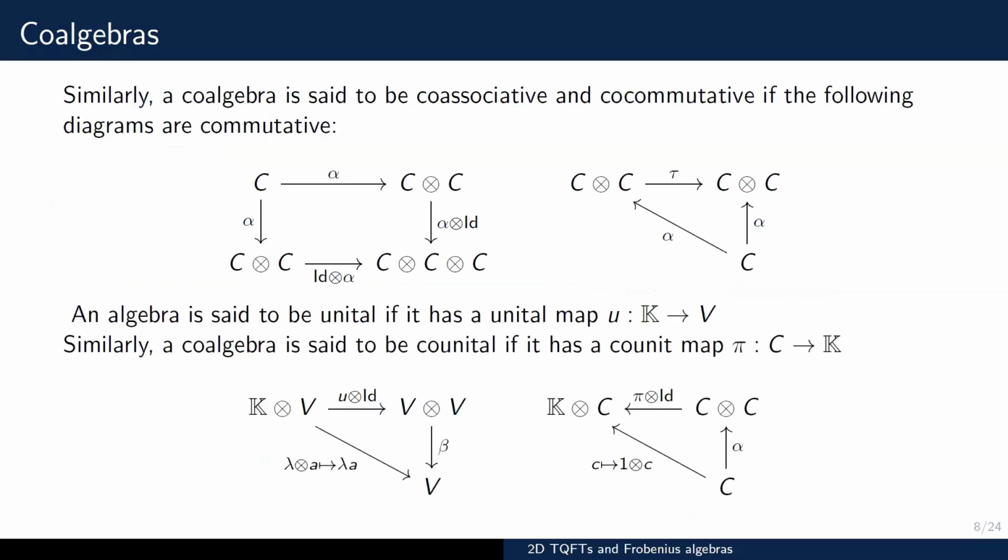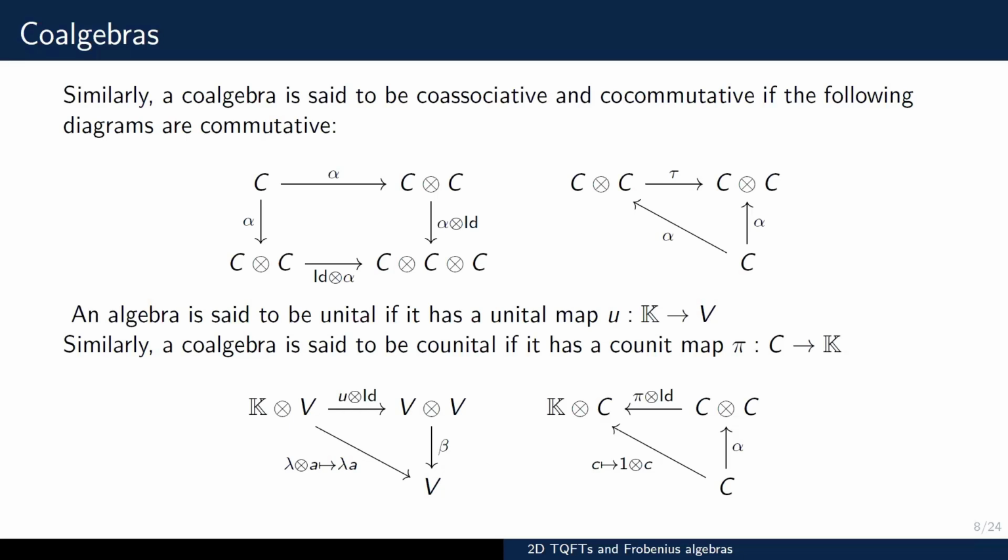Similarly, we have the property of an algebra being unital, and we describe that if it has a unit map, given from K, where K is the field over which we define this algebra. This unit map needs to satisfy a commutative diagram, which I have written on the left. Similarly, a coalgebra is said to be co-unital if it has a co-unit map, just a dual version of the same map.